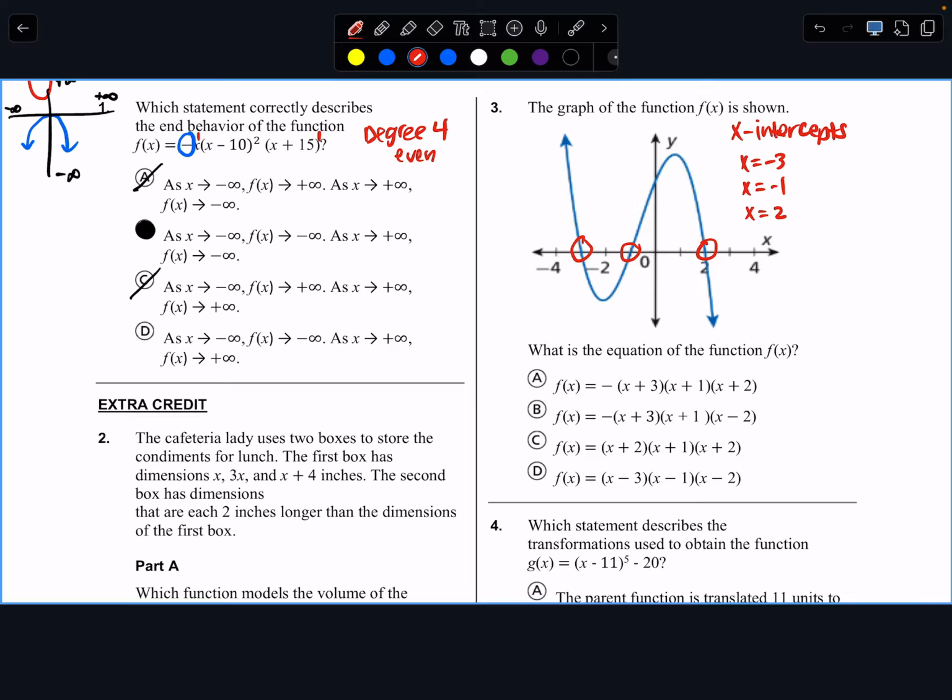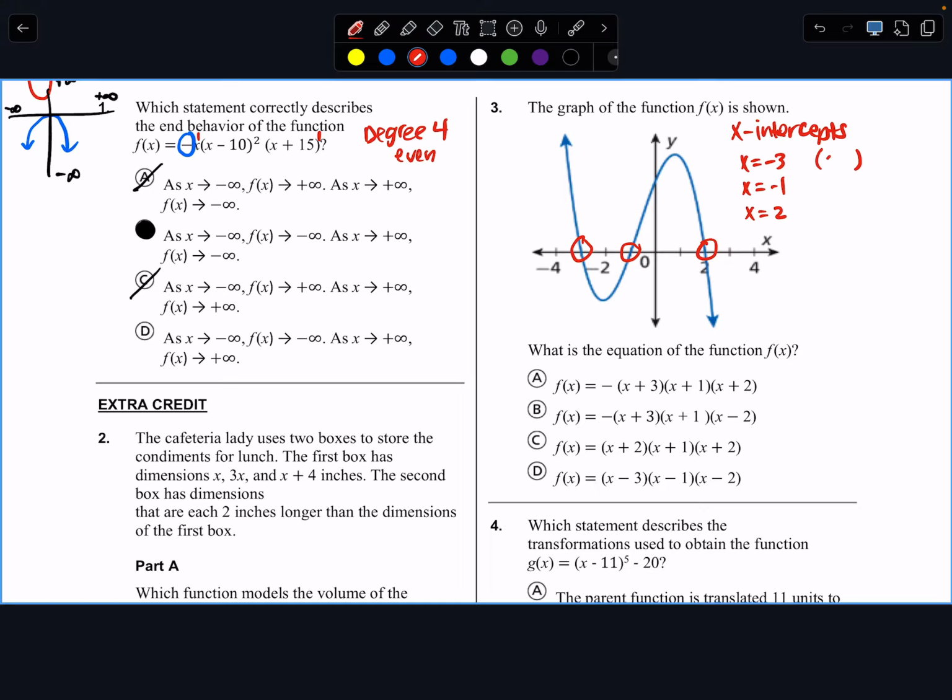How are my x-intercepts going to help me find my factors? Because think about it. We could look at a factor and tell what the x-intercept is. What do we do? Change the sign, right? So I could do the reverse to find the factor. So what's a factor for this x-intercept?